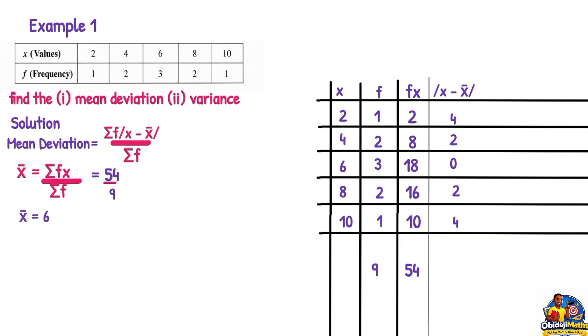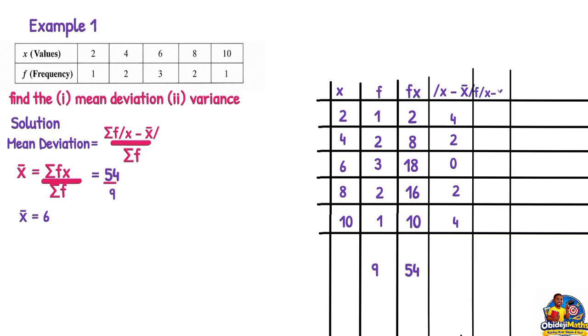So we find the next one, which is f times |x minus mean|. That's the next column. We don't need to add the x minus mean column together. Now we are multiplying f by |x minus mean|.